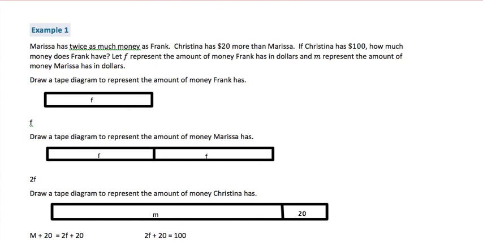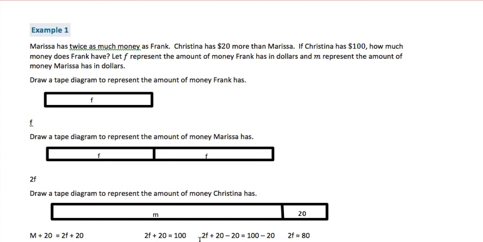And what we want to do then is, first of all, we want to take the 20 away, because we can't divide by 2 until we've done something about adding the 20. So if we do 2F plus 20 minus 20, that will get rid of the 20. And remember, we have to do the same thing on the other side. So that will give us 2F is equal to 80.